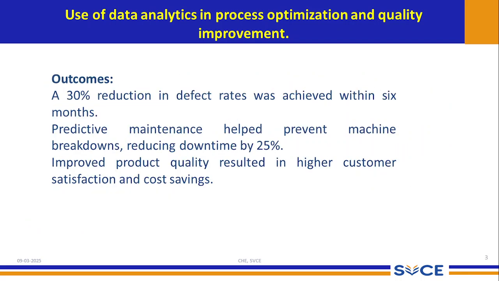Because of this, a 30% reduction in defect rate was achieved within 6 months. Predictive maintenance helped prevent machine breakdown, reducing downtime by 20%. Improved product quality resulted in high customer satisfaction and cost saving.